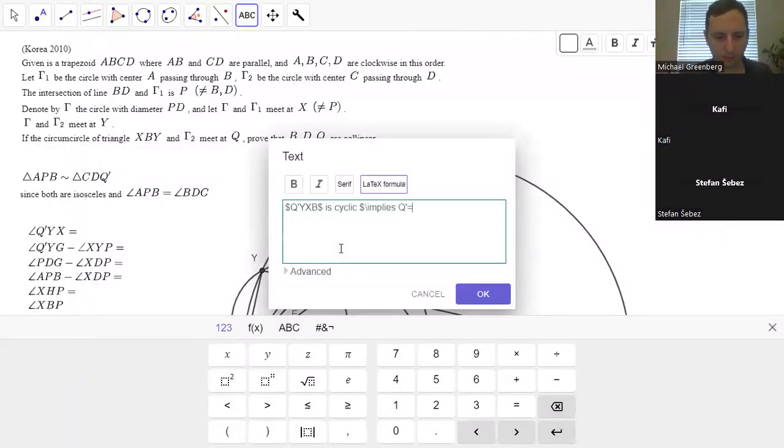Q prime equals Q. And that means that B, D, and Q are collinear.